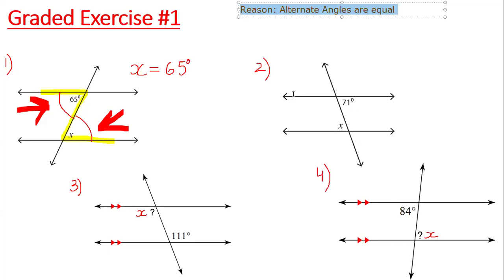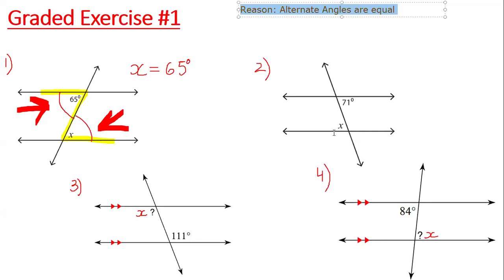Let me ask the question. Do you understand why X is 65? Yes, sir. Why is X 65 degrees? Because the angle of 65 and X are the same thing. Yeah. Once we have the Z shape, we call these alternate angles. That, or an S shape, it's alternate angles.